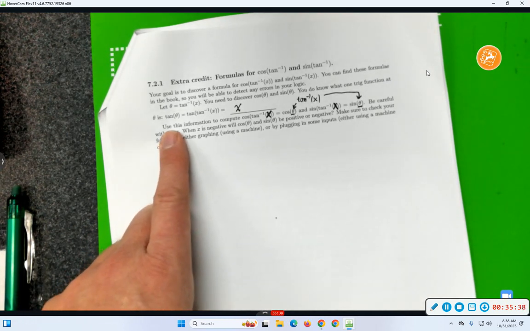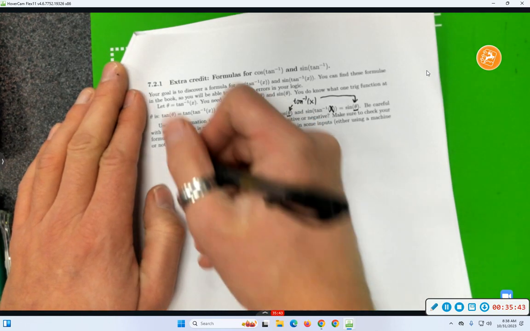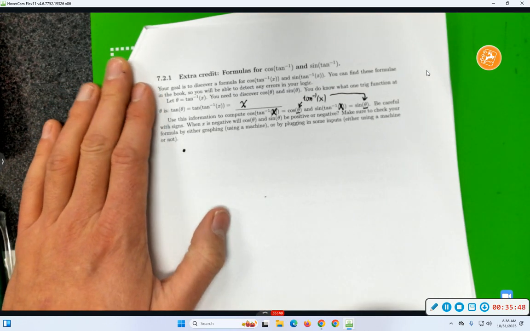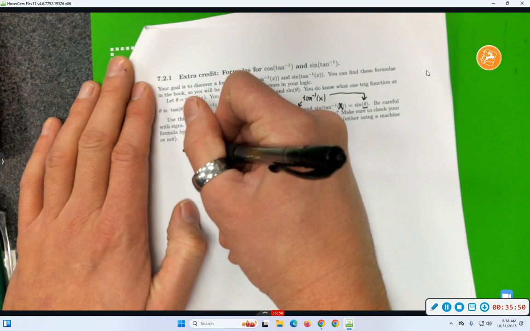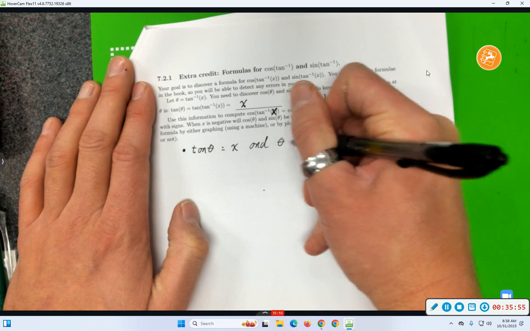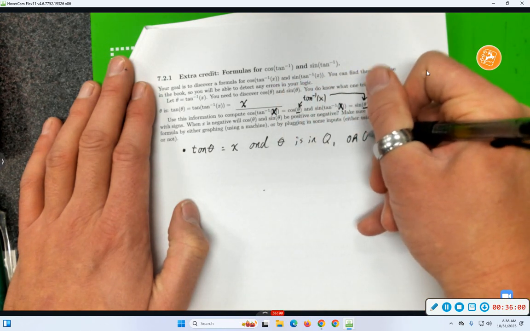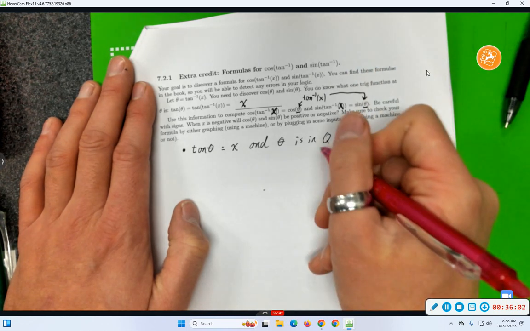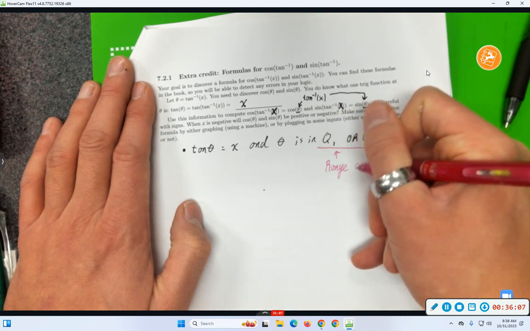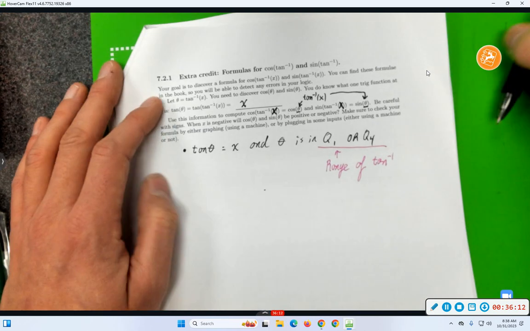You'll need to be careful with negative signs. To be careful with negative signs, think about quadrants. So let's translate this just a little bit, and then you'll report this as an extra credit to me at some point. So I know that tangent of theta is equal to x, and theta is in quadrant 1 or quadrant 4, because that's the range of inverse tangent.